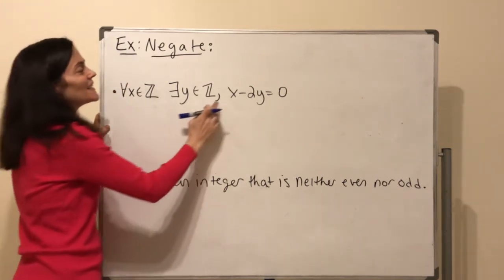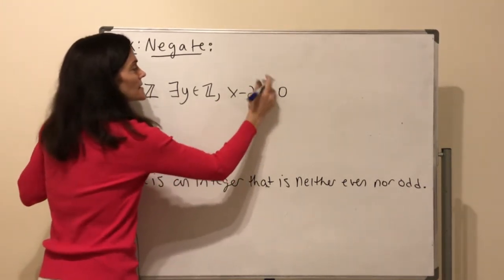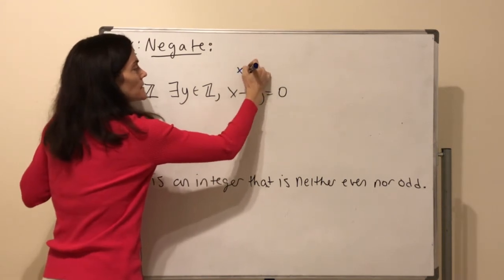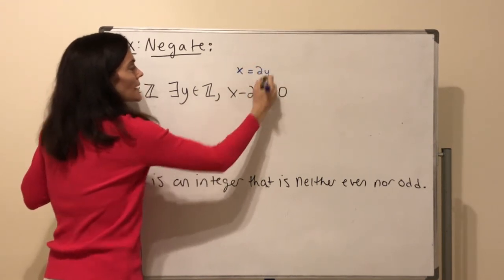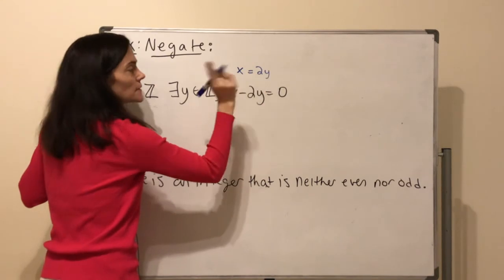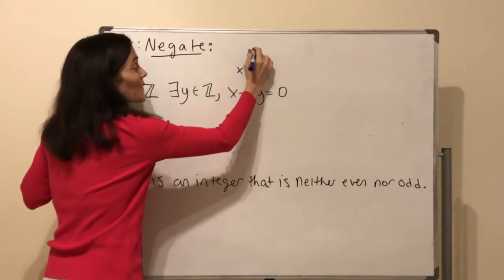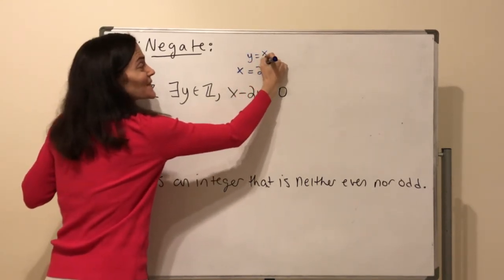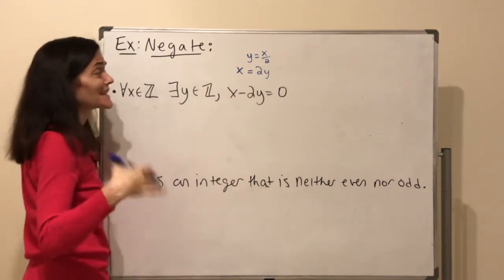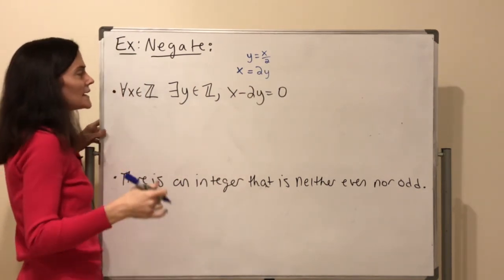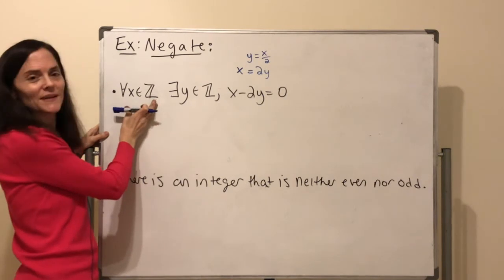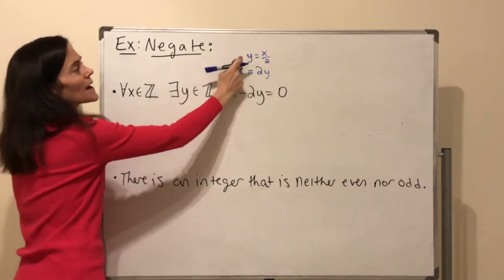Well, what would this say? This would say that x is 2y. Now, solving for y, this is sort of my side work to think about this problem, right? We get that y is x over 2. Okay, well, if I hand you an integer x, we know how to pick the y.